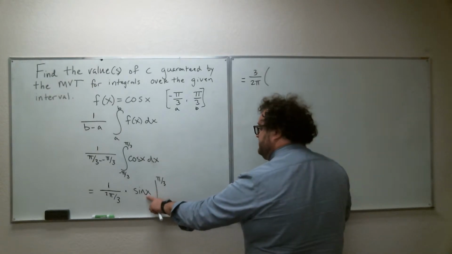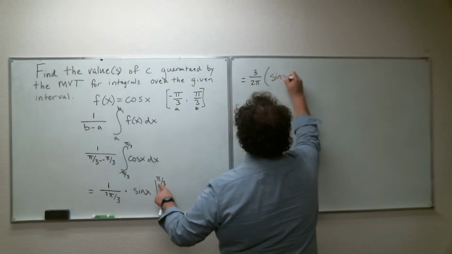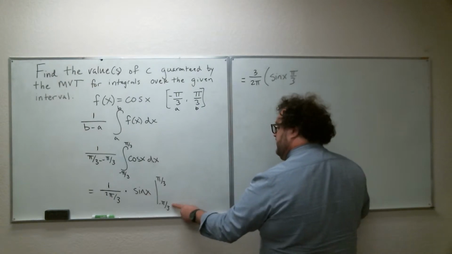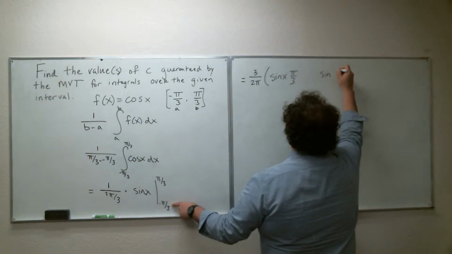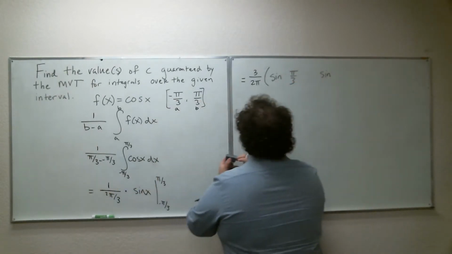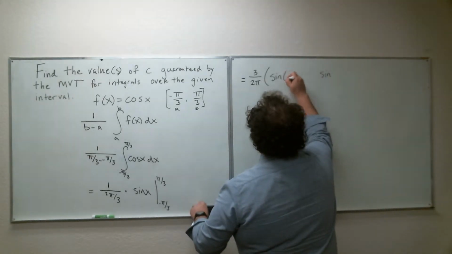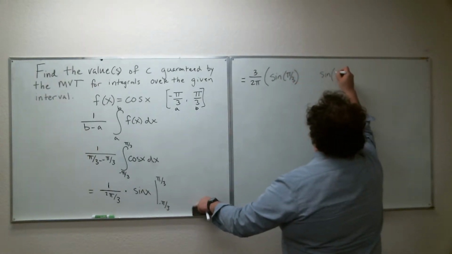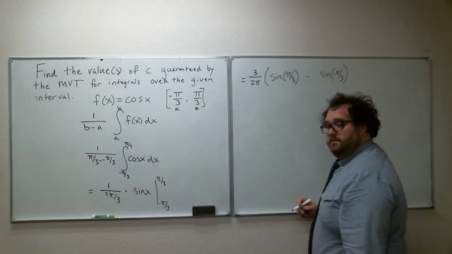So this says take sine x, evaluate at pi over 3. Take sine x and evaluate at negative pi over 3. Oh, I don't know why I just did that. Sorry about that. I was talking and saying sine x, so I wrote sine x, pi over 3, and then sine at negative pi over 3, and subtract the answers.